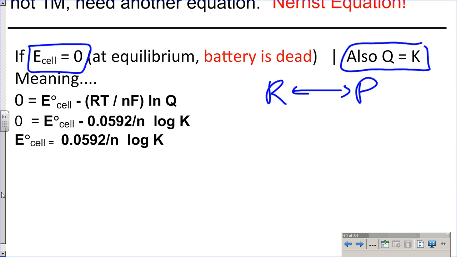So what I just did was plug in 0 for E. I had all this junk over here, and I wanted to show you the conversion between those two once again. Originally I had negative RT over NF times ln of Q, but Q in this case is at equilibrium, so it's K. So I plugged in K right here, and 0 like we previously had.